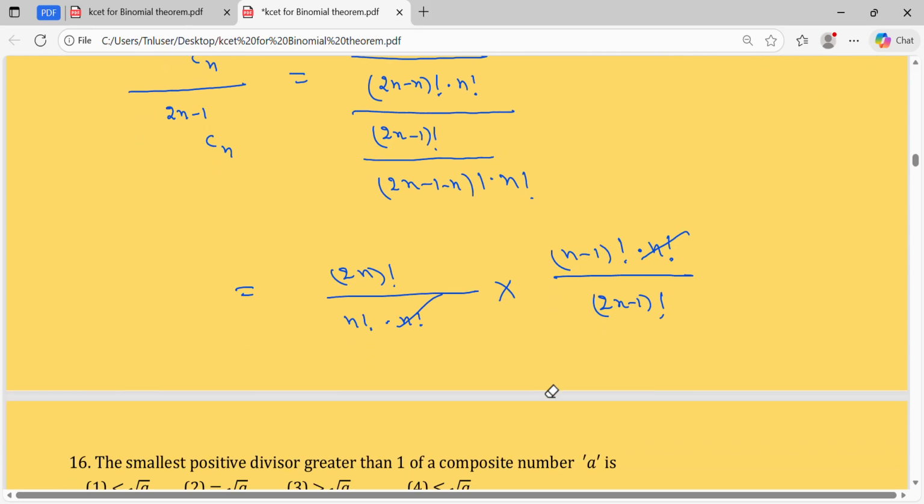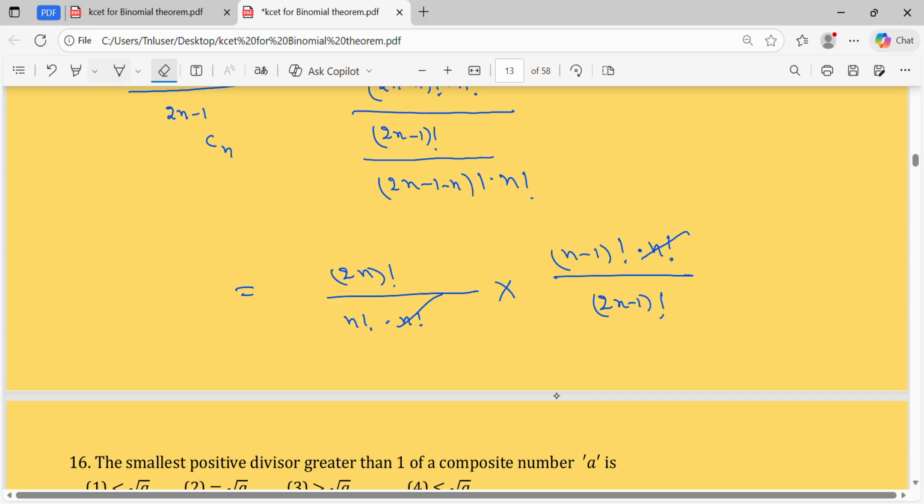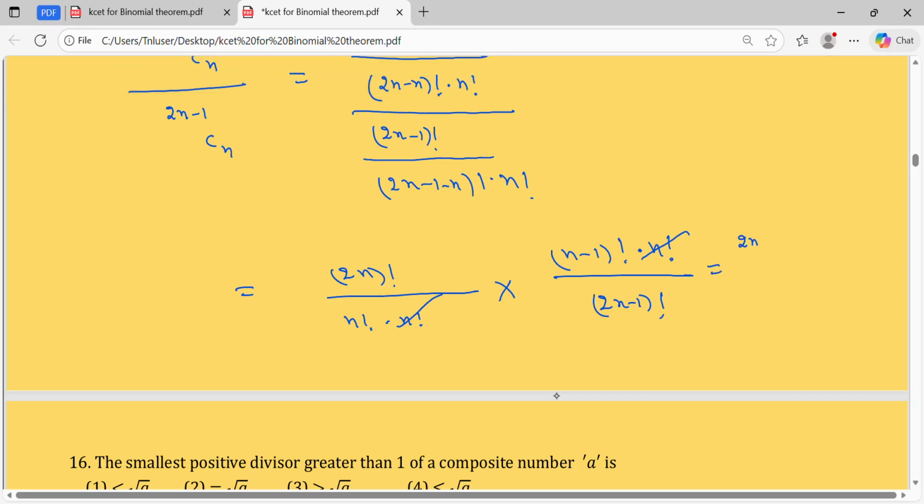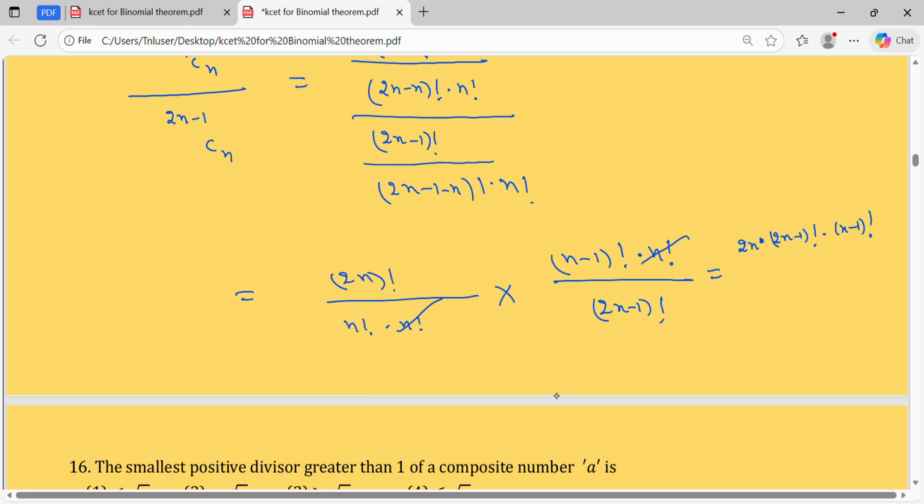So next step, 2n can be written as 2n into 2n minus 1 factorial into n minus 1 factorial, divided by n factorial, which can be written as n into n minus 1 factorial into 2n minus 1 whole factorial.